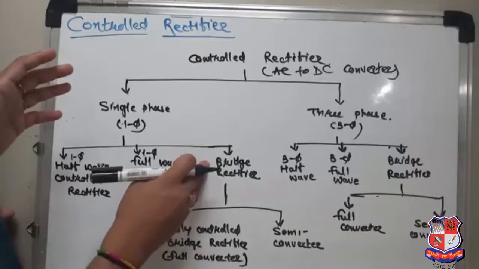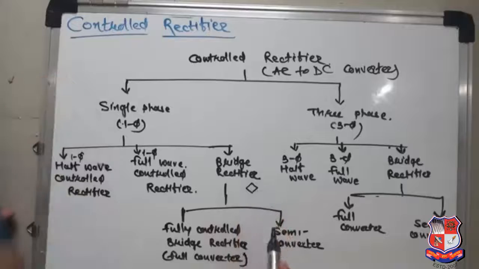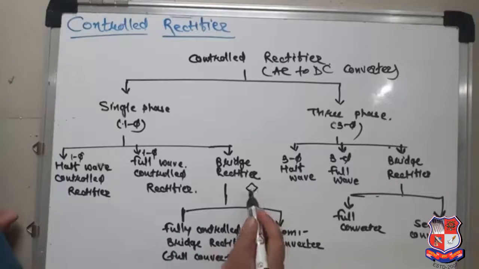In a bridge configuration, if 4 control devices are used, then it is called a full converter. And if 2 diodes and 2 phase control thyristors are used, then it is called a semi converter.